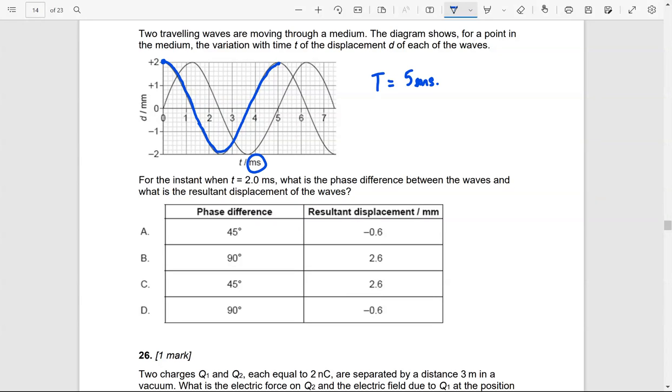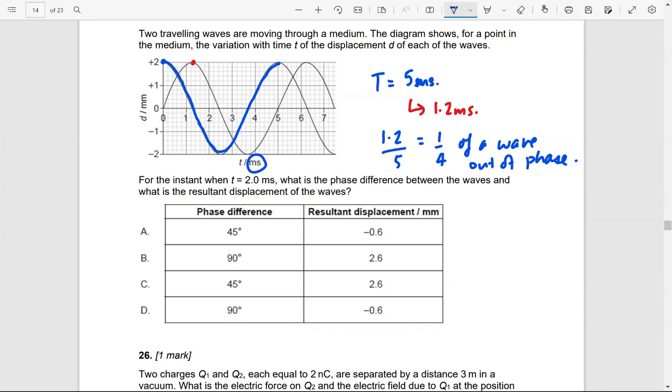However, the second wave starts like 1.2-ish later. So one of them's behind by 1.2 milliseconds. In other words, 1.2 divided by 5, which is about a quarter. So it's about a quarter of a wave out of phase.